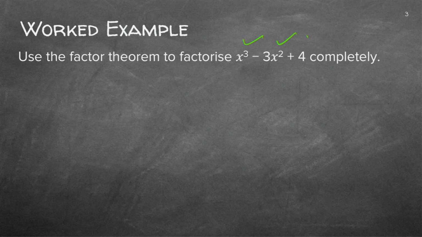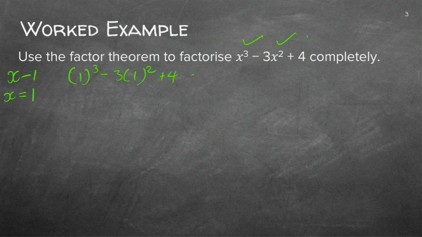Let's test x minus 1. If you have x minus 1, you're simply saying x equals 1. So if you open the bracket, 1 to the power of 3 minus 3, open another bracket, 1 to the power of 2, plus 4.